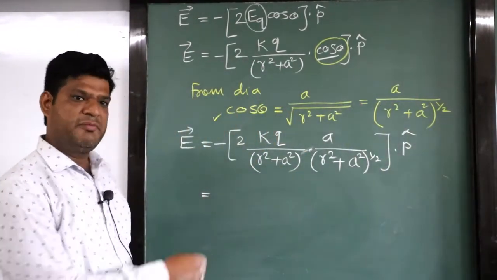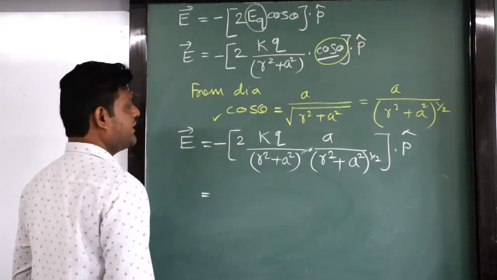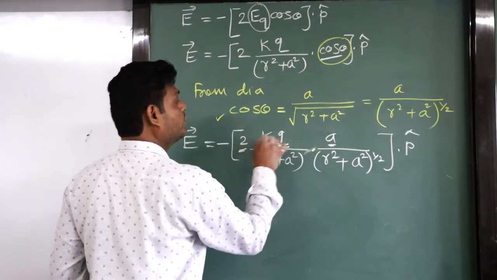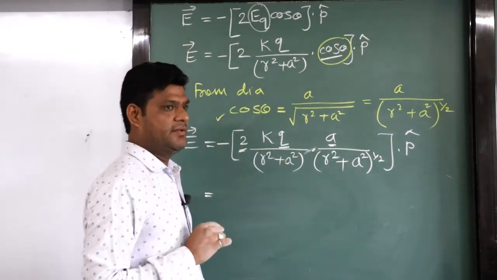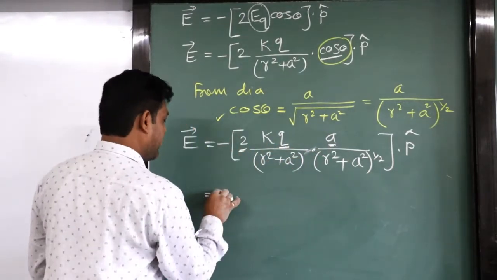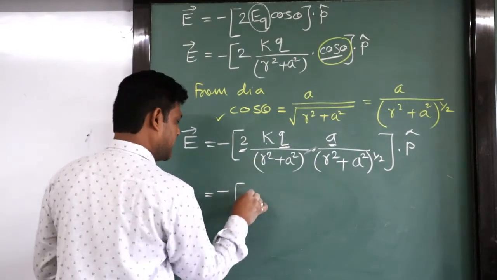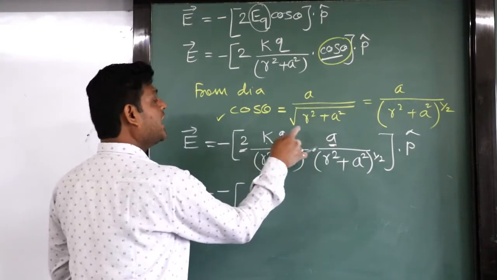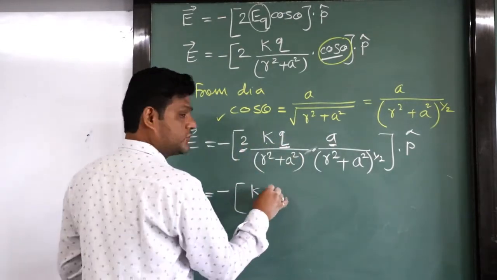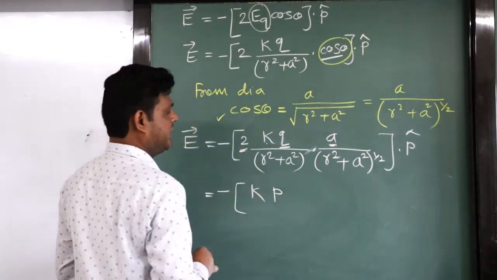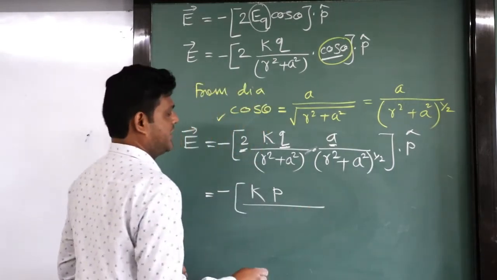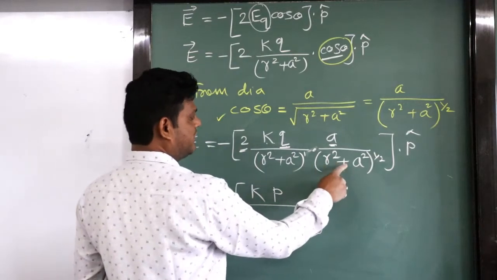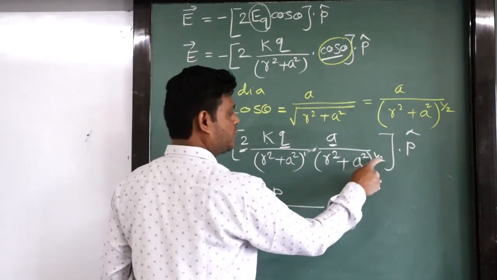Simplifying the above equation, 2AQ equals P, we know that. So the minus sign remains as it is, K remains as it is, and instead of 2AQ we write P, divided by R square plus A square raised to 1, into R square plus A square raised to half.